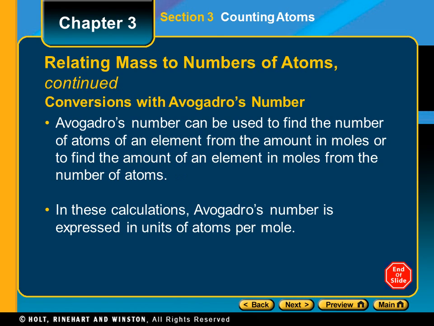In these calculations, Avogadro's number is expressed in units of atoms per mole. So we just showed you grams per mole, right? Now we're doing number of atoms per mole, which shows you how we can use these correspondingly to go from number of atoms all the way out to grams.